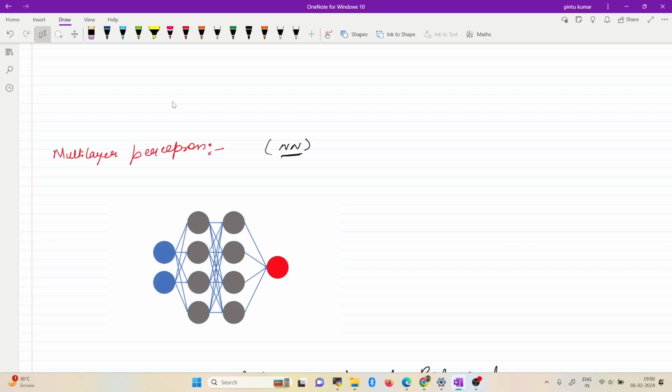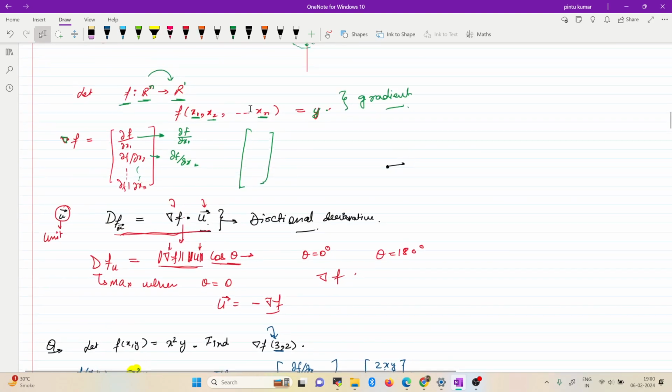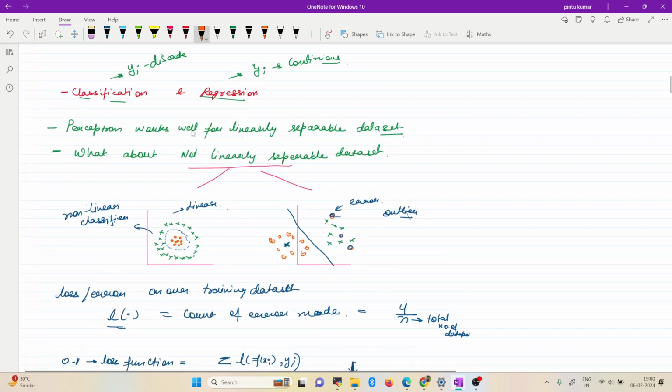Till last week, we talked about a single perceptron. We said that if our data set is linearly separable, then a single perceptron is more than enough to classify this data set. Towards the beginning of this lecture, I talked about two kinds of non-linearly separable data sets that we can encounter.